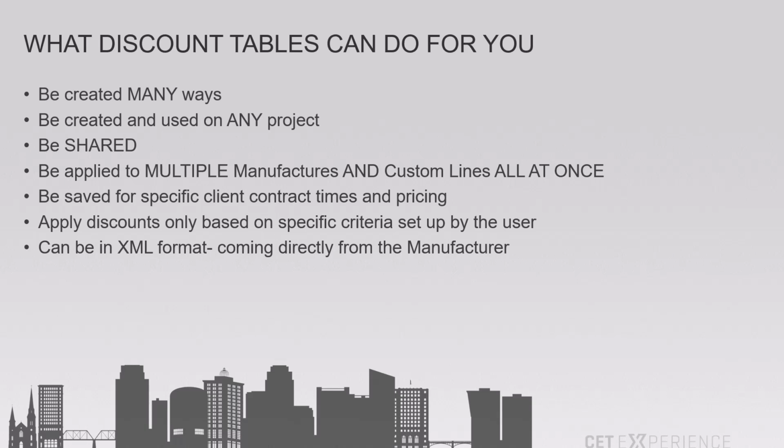So if you wanted to only apply to specific part numbers with a specific tag, you can do that. You can also use those discount tables that come in an XML format. I know that there are some manufacturers who provide those discounts in that XML table. You are able to import those directly into Spec.